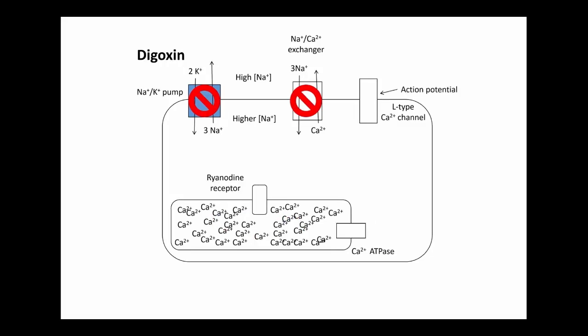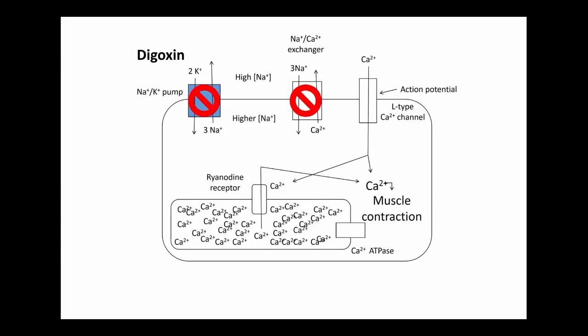So how do these changes affect the contractility of the myocyte? Well, an action potential travels down the myocardium like it did before. That opens the L-type calcium channel, allowing calcium to flow inside the cell. And again, this calcium can bind to the ryanodine receptor, and that leads to calcium-induced calcium release.